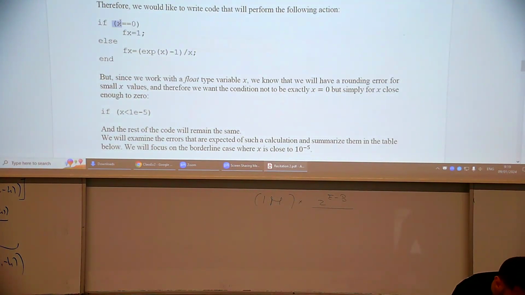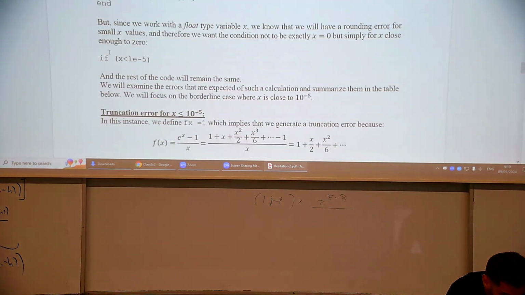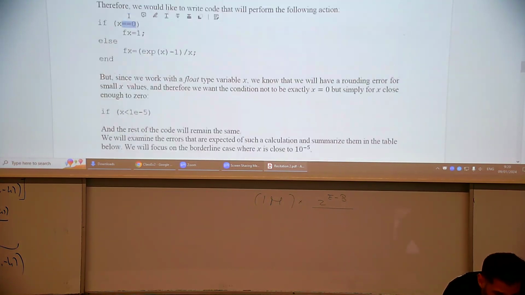So we try to change this condition, and we tell the computer: if x is smaller than some very small number, for example 10 to the minus 5. Now, after we wrote this, the condition is x is smaller than 10 to the minus 5, and we want to ask what the errors in this function are. We wanted this function, and we told the computer to calculate another function, which is an approximation of it.